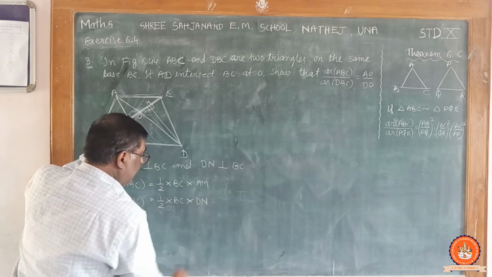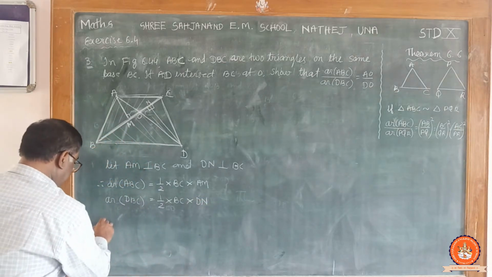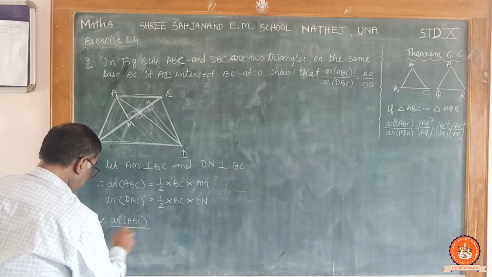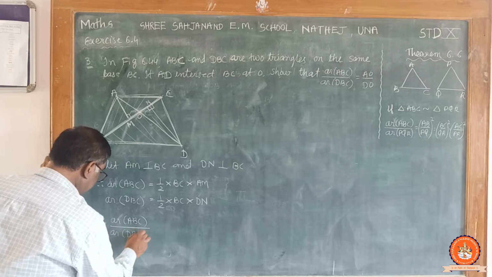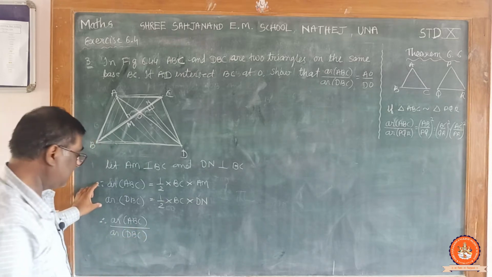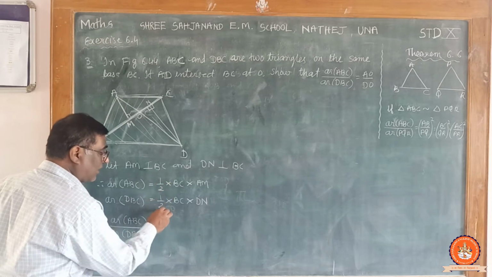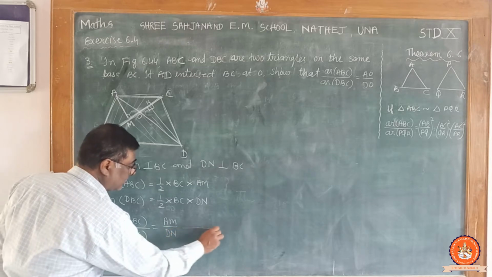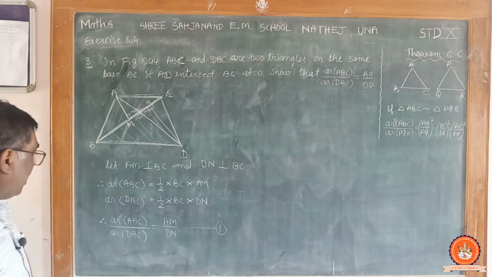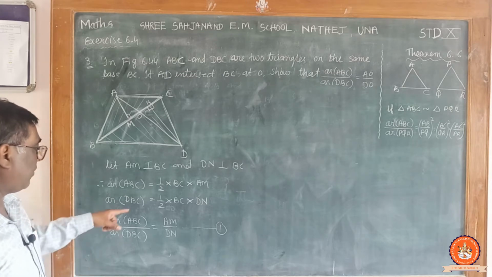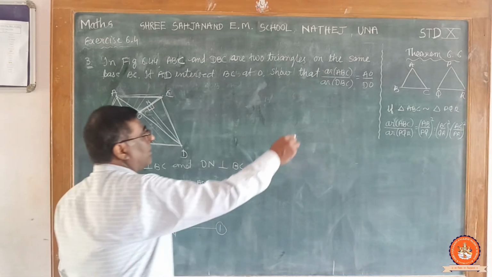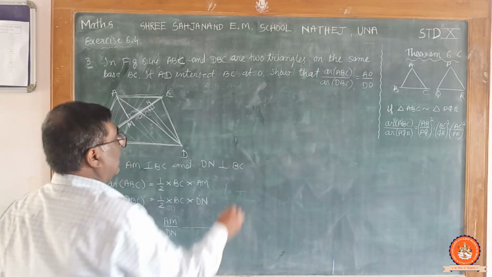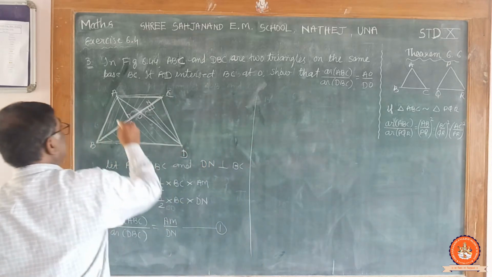Okay, now if we take the ratio of the areas of these two triangles, see, half cut, BC cut, we get AM upon DN. Okay, this can be the result number 1. So area of ABC upon area of DBC is equal to AM upon DN. But my friend, in place of AM and DN, we want AO and DO. Okay, now look at these two triangles.